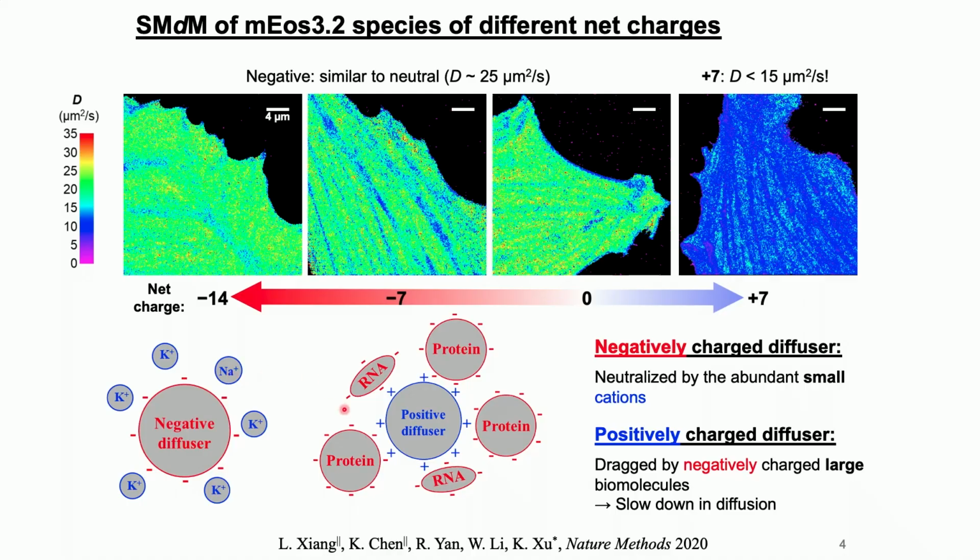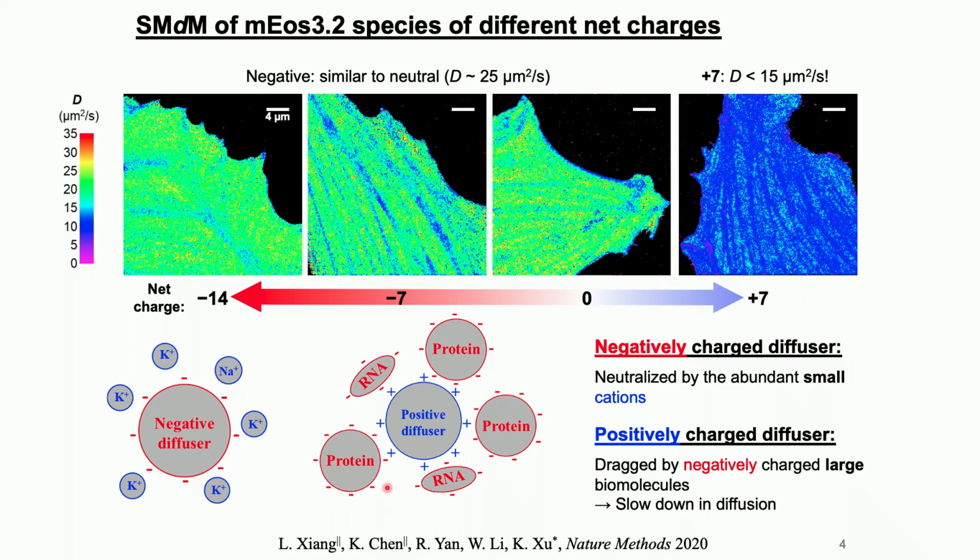So if we think about the composition of the intracellular environment, there's actually a significant asymmetry in the ions present in the solution, where there's much higher degrees of cations compared to anions. As a result, the macromolecules in the solution, such as protein and RNA, tend to balance the charge.